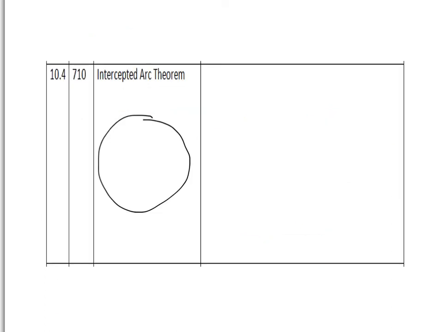Alright, two more here. The intercepted arc theorem says if you have two inscribed angles, here's one angle, and my other inscribed angle is here. I have two of them, and what you can see is that they meet at the same arc over here. They have the same intercepted arc.